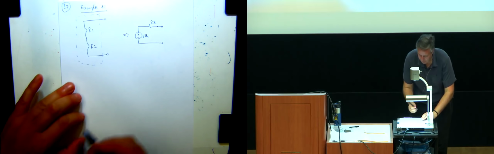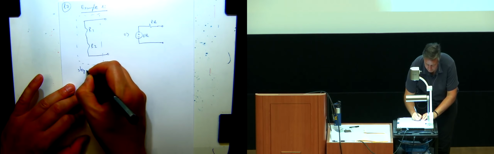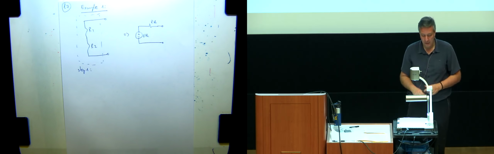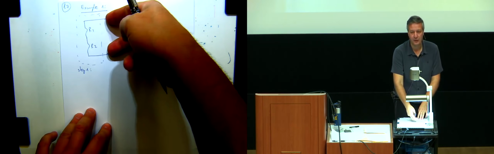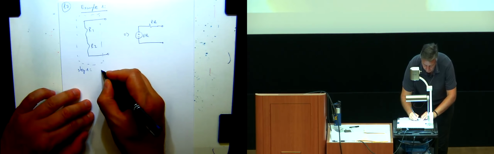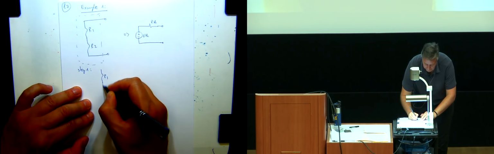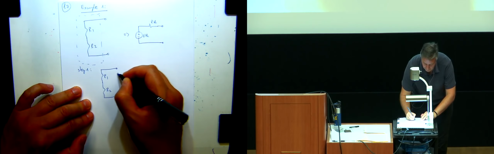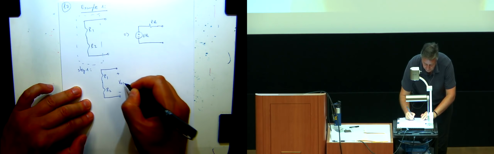Okay, step 1. I just attach an open circuit to this, and I measure the open circuit voltage. I'm just going to redraw it for clarity, but that's really what it is. So this is it, and this is the open circuit.